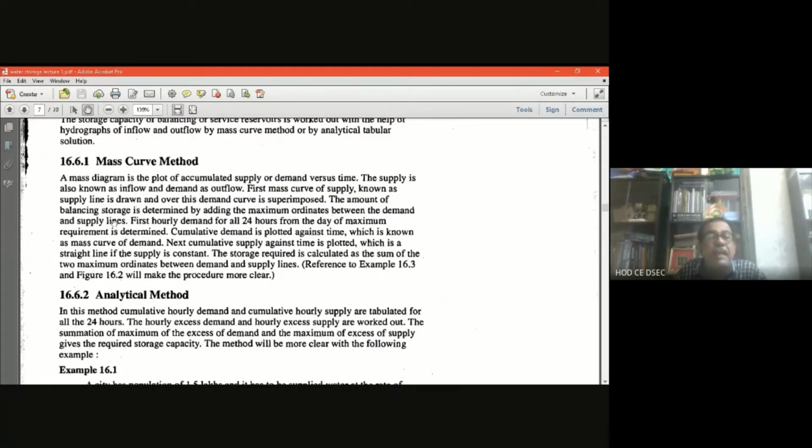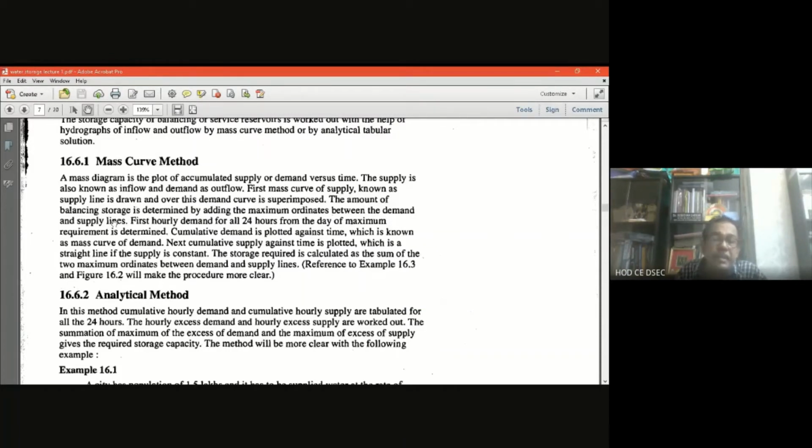The amount of balancing storage is determined by adding the maximum ordinates between the demand and supply lines. So first, the hourly demand for all 24 hours of the day of maximum requirements is determined.